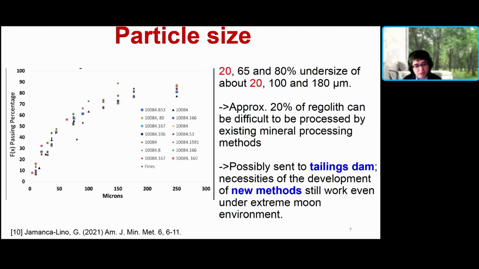It indicates the presence of ultrafine particles, minus 20 micron, at about 20%, which means that population of particles can be difficult to process properly by existing mineral processing separation methods. Such a significant quantity of material can be regarded as waste and maybe sent to waste tailings dam facilities.